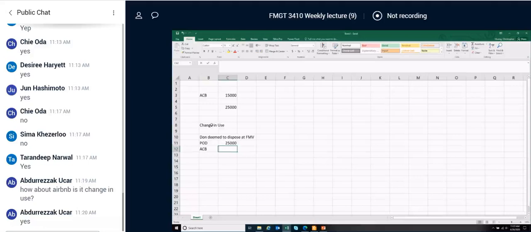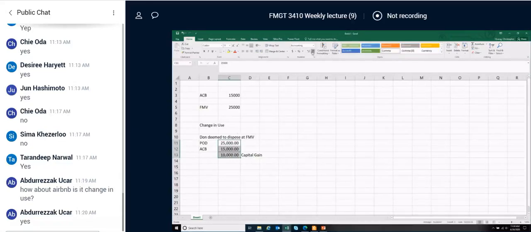Cost is 15. So at the end of the day, I'm going to have a $10,000 capital gain, of which only 50% is taxable. So I'm only going to have a $5,000 taxable capital gain.